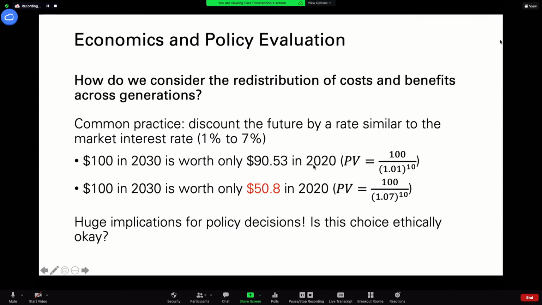If we take $100 in 2030, but we now apply a 7% discount rate, this would be worth only about $51 in 2020. So we can see that a relatively small difference in the discount rate can dramatically change the present value of an amount of money in the future, of a benefit in the future. And so this has huge implications for policy decisions.